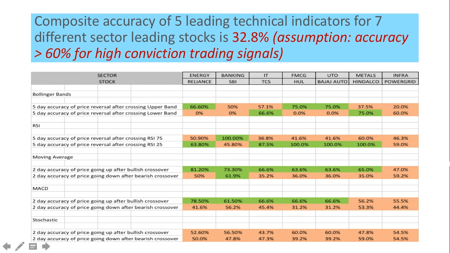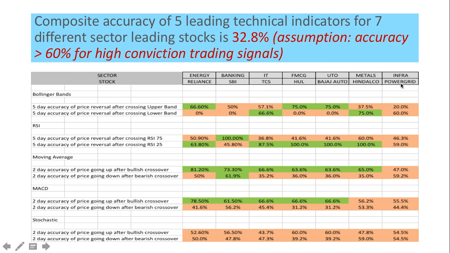A momentum indicator indicates that a stock is in momentum in a given direction, and hence it should respond to the signal soon enough. Hence, for moving average, MACD, and stochastic, we are taking a 2-day accuracy, whereas for mean reverting indicators like Bollinger Band and RSI, we are taking a 5-day accuracy, assuming some time for price consolidation before it starts reversing.